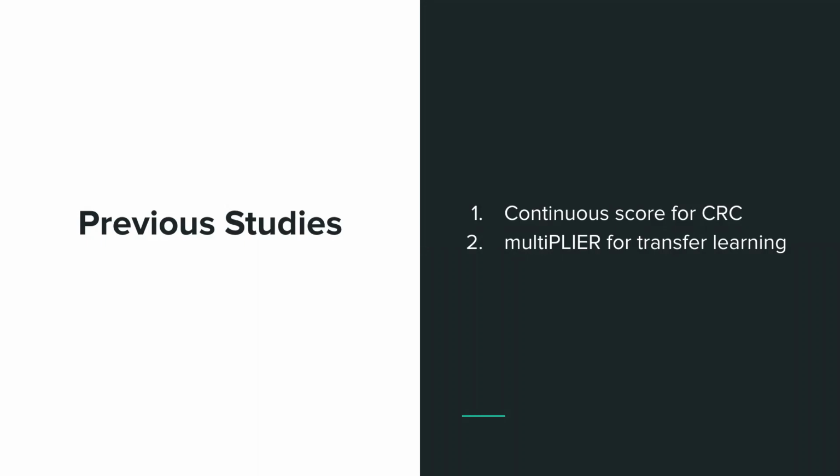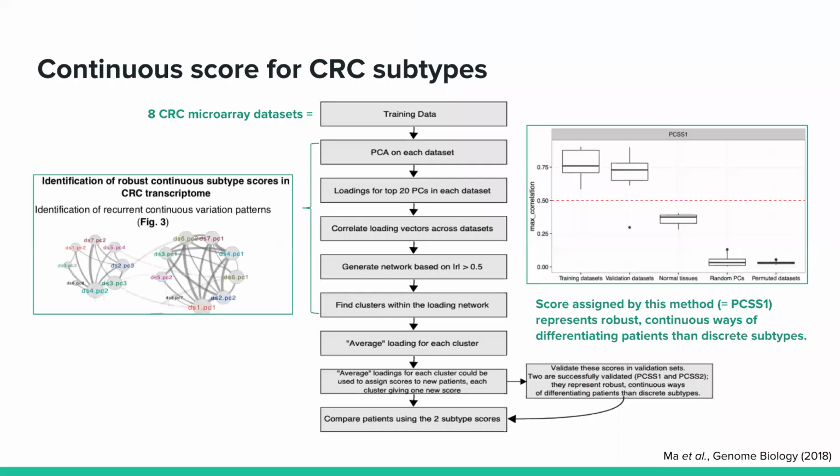And the second one, the MultiPLIER project from Casey Green's lab, is an alternative approach to matrix decomposition for this objective.